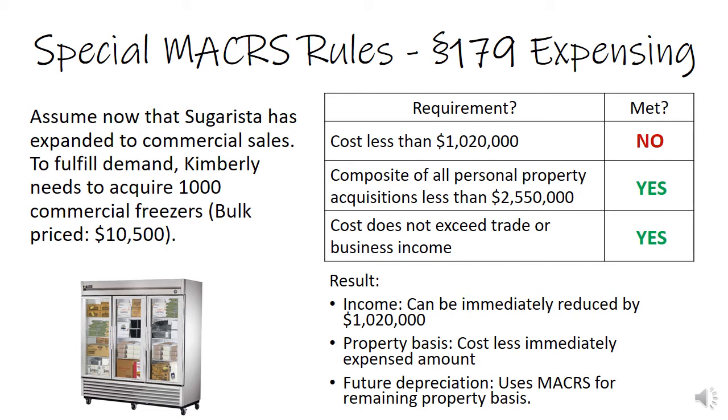She's limited to expensing only the first $1.02 million on the purchase. The remaining $30,000 becomes the basis of the property on her books. She would use MACRS depreciation for the 7-year period to depreciate the remaining property basis.